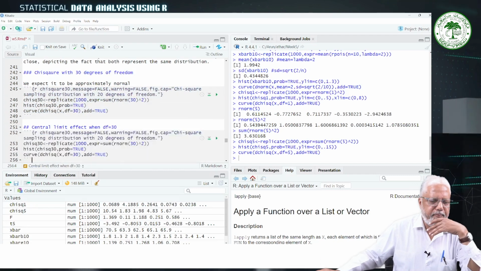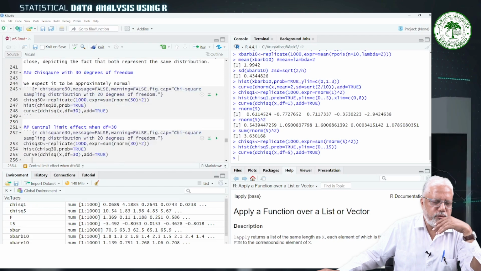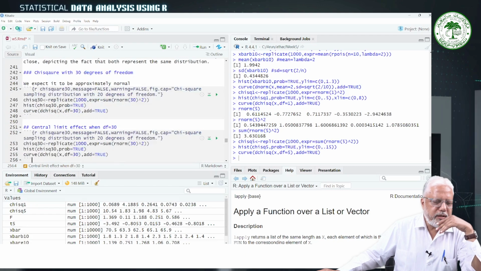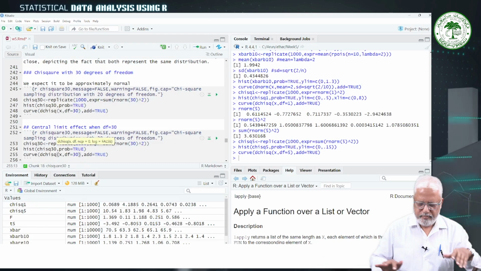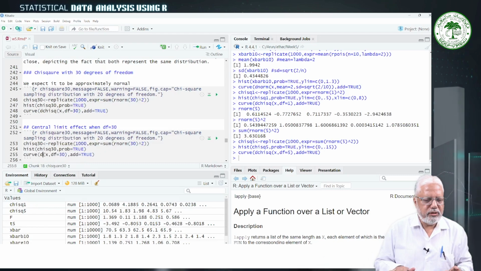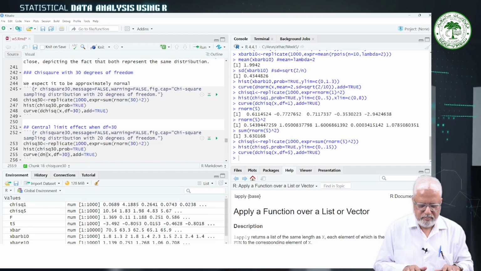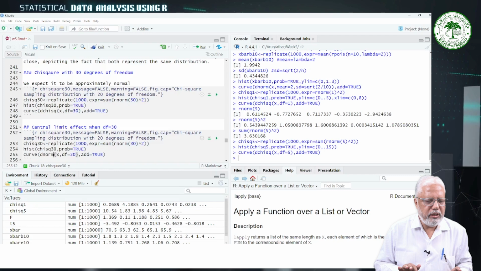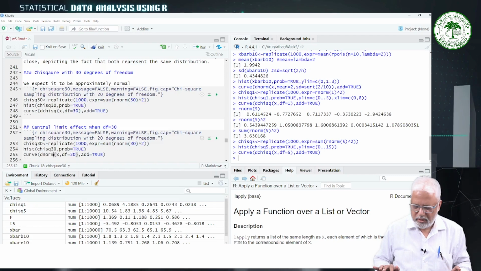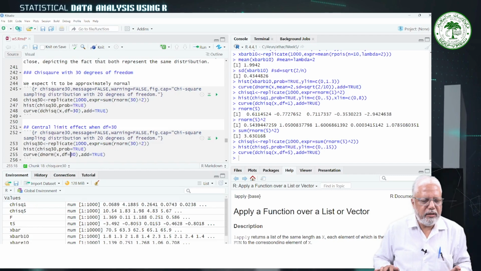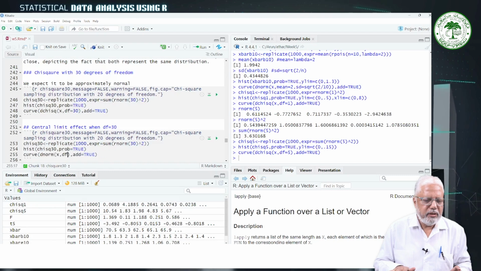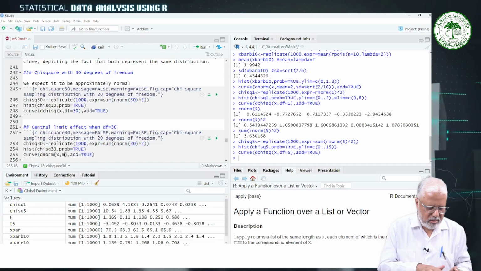But see what happens. We are making histogram, but here curve should be d norm. To look into the central limit theorem, curve should be d norm x, and here not degree of freedom, it is mean.